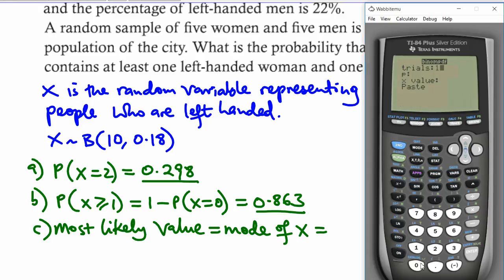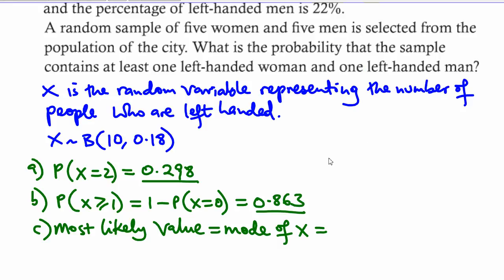Number of trials is 10. Probability of success 0.18. X value, leave it blank. And then we should have our probabilities all plugged in. Good. So we are looking for the value of x that will give us the highest probability, which will be the mode. And by inspection, I think it's 1. So the mode of X is 1. All right.